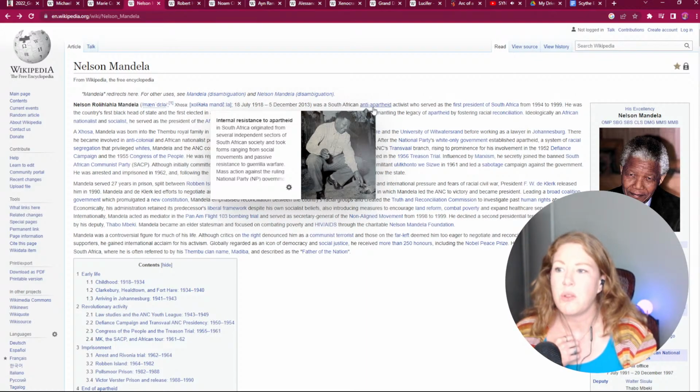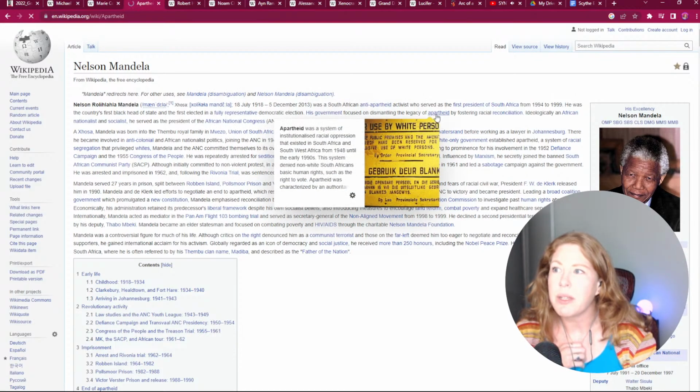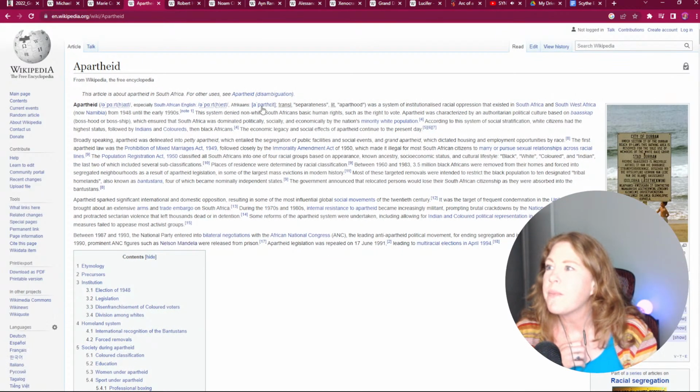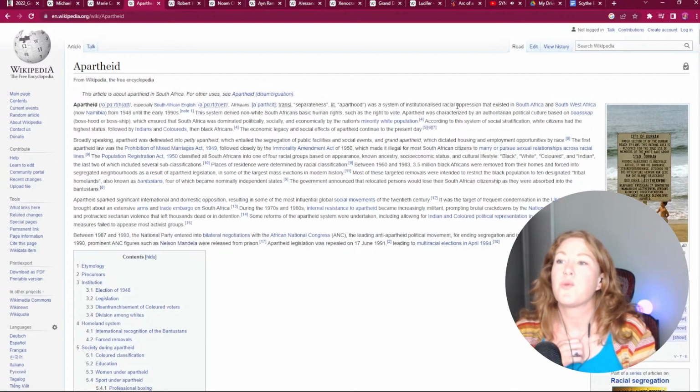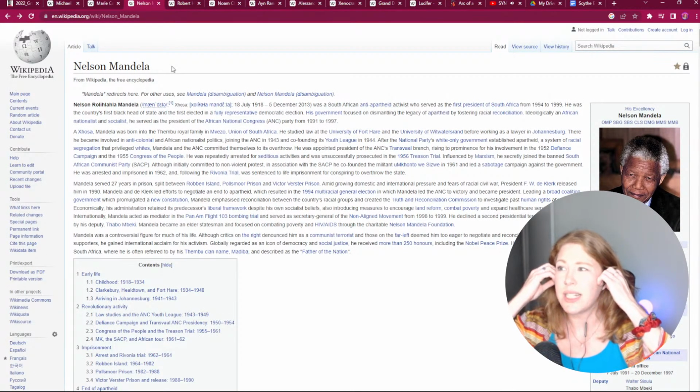So I think it had something to do with religious freedom. I'm not entirely sure. Oh, here we go. It was a system of institutionalized racial oppression. Okay, so it wasn't religious. It was racial oppression, basic human rights being denied to people that existed in South Africa and Southwest Africa from 1948 until 1990. That's crazy. It was a long time.